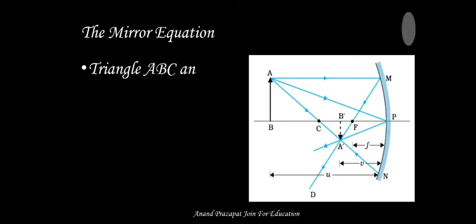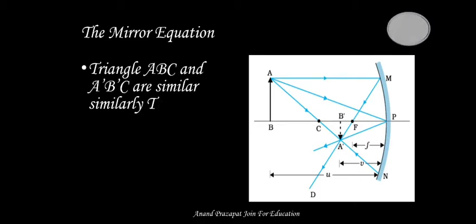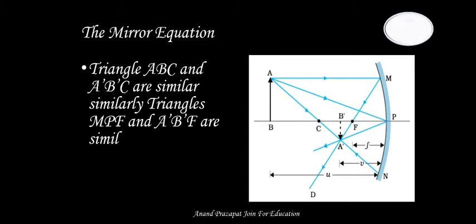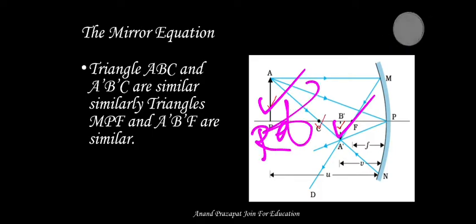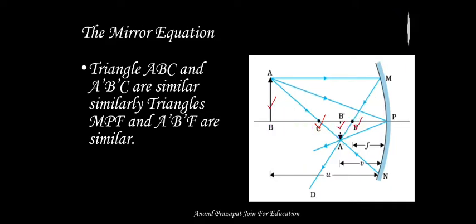So this is a figure through which we try to get the mirror equation. This is an object placed on the principal axis of the mirror, and this is the image which we get after reflection by the mirror. C is the center of curvature, F is the main focus of the mirror, and the distance between P and B, the foot of the object, is known as the object distance.